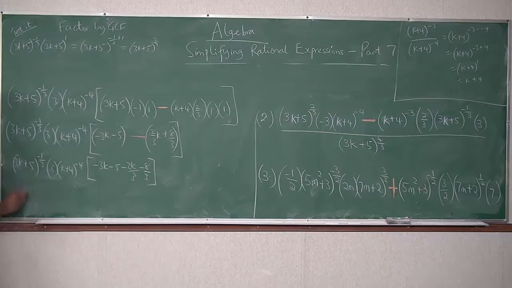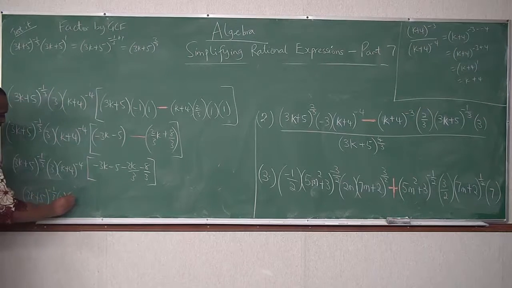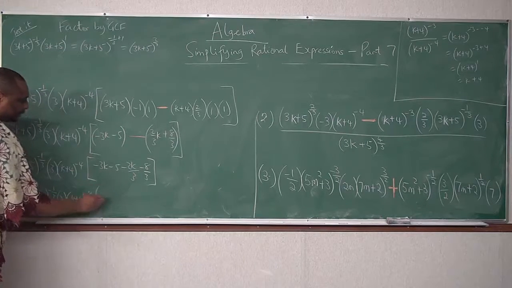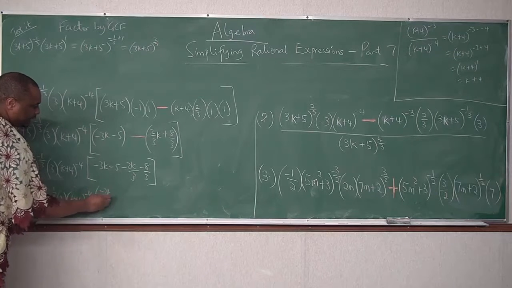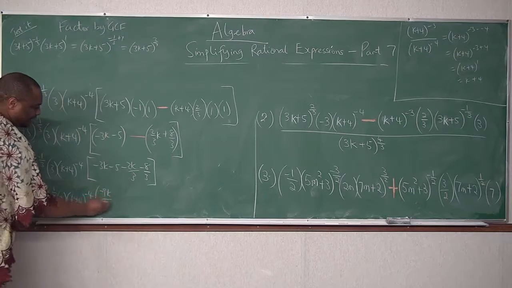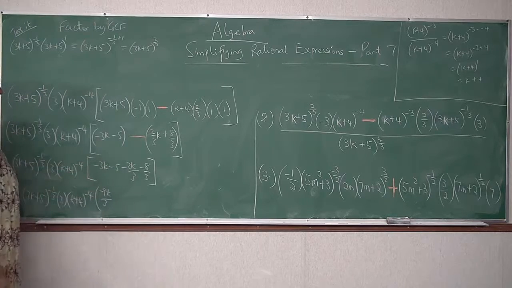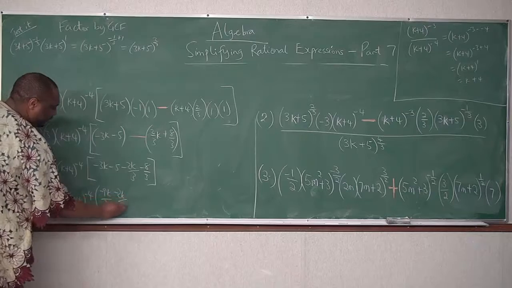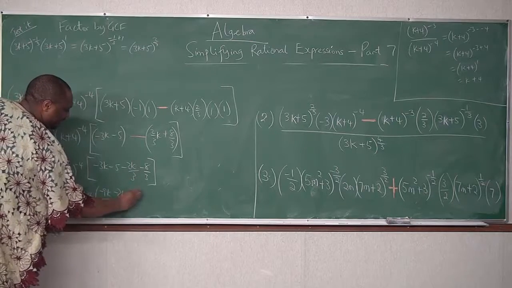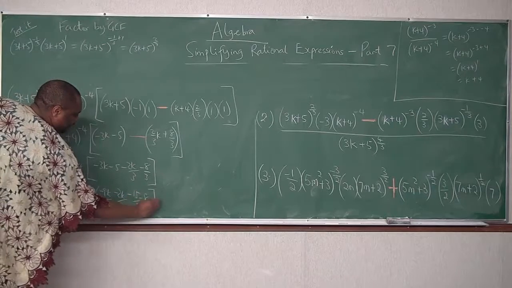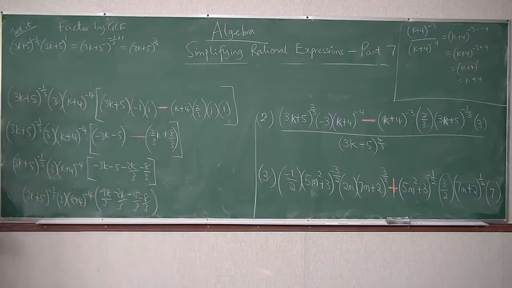So this will give us 3k plus 5 exponent negative 1 over 3 times k plus 4 exponent negative 4, then times negative 9k over 3, okay, 3 times negative 3k is negative 9k over 3, minus 2k over 3, minus 15 over 3, minus 8 over 3. Fractions, please, if you don't understand what I did, you view my videos on fractions. I had to bring like terms and put them in the same denominator. That was what I did.